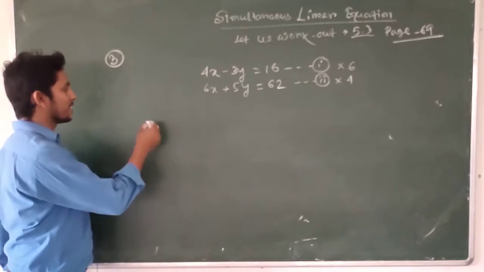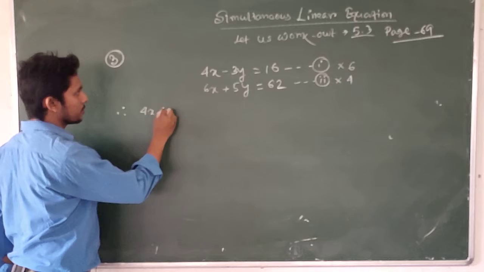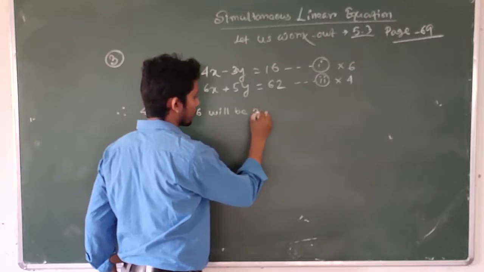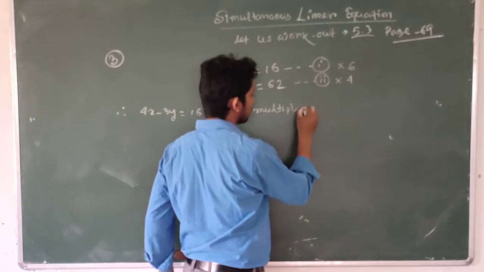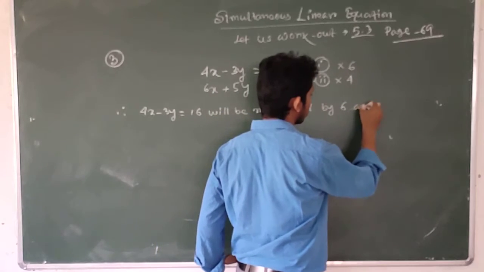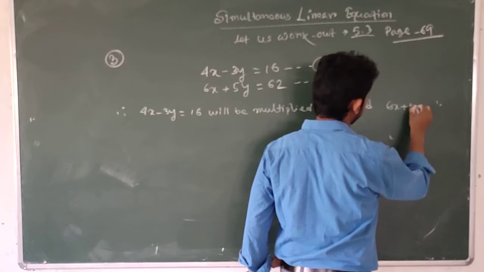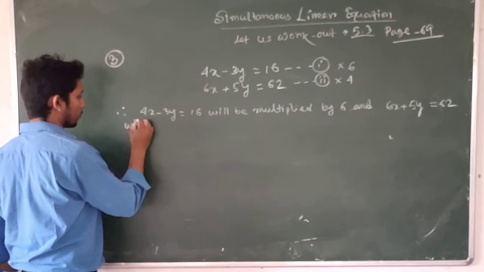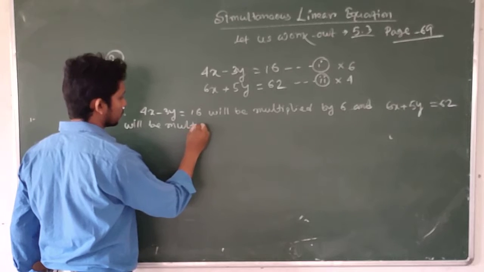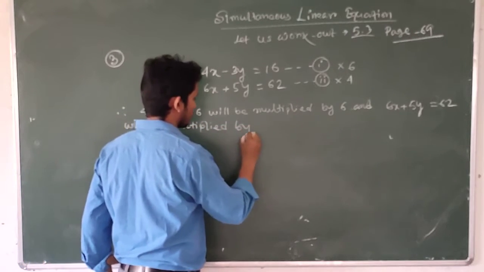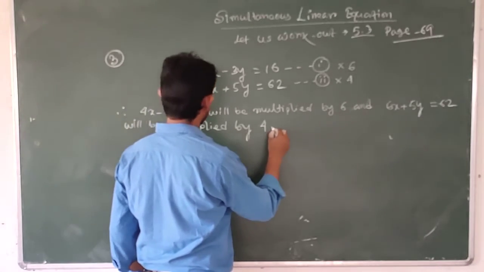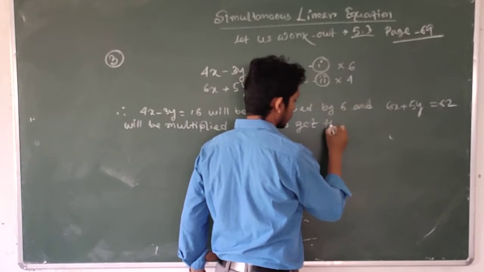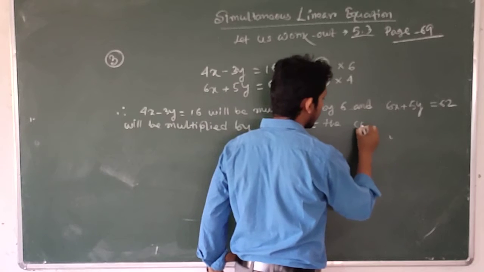So here what we need to write: therefore 4x minus 3y equals 16 will be multiplied by 6 and 6x plus 5y equals 62 will be multiplied by 4, to get the coefficient of x equal.